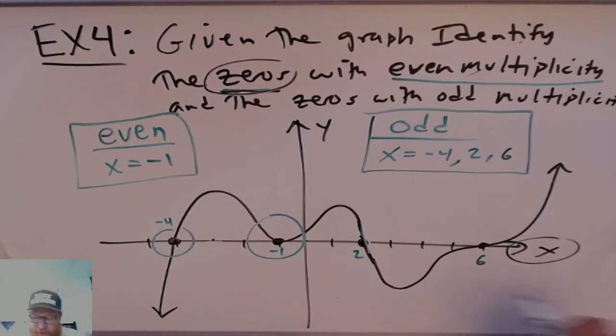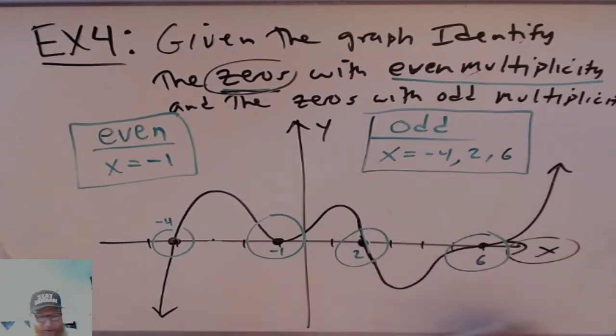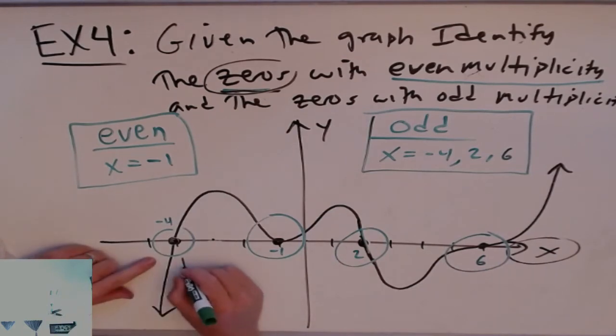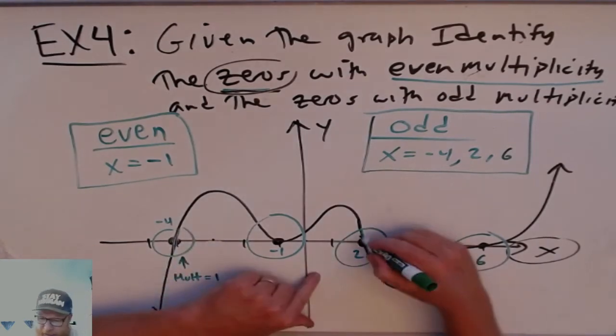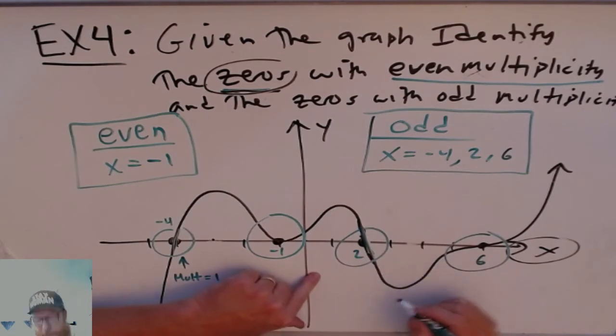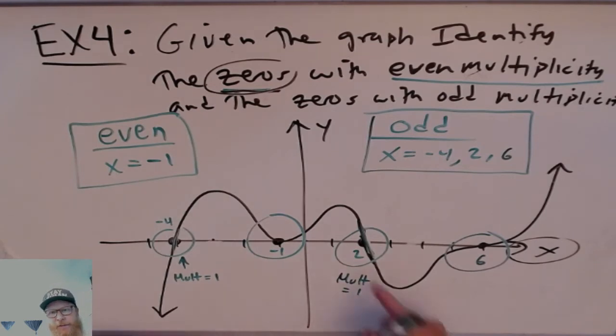Okay, so that's all we know by looking at them, whether they're even or odd. I can tell you this is 1, because it looks like a straight line going through there. This one's also 1. And multiplicity there is 1.